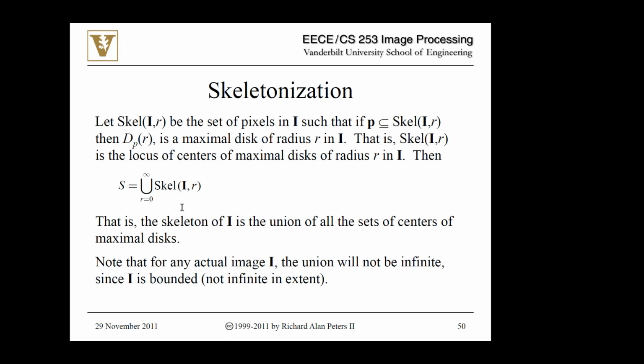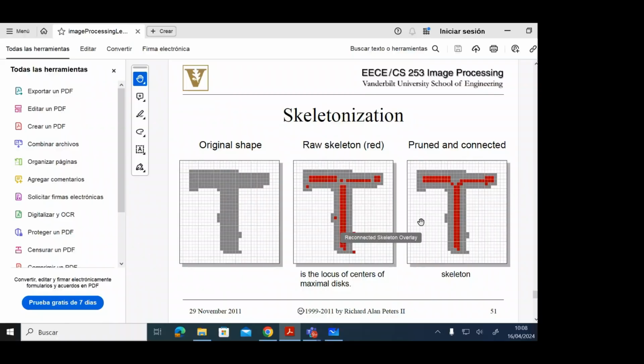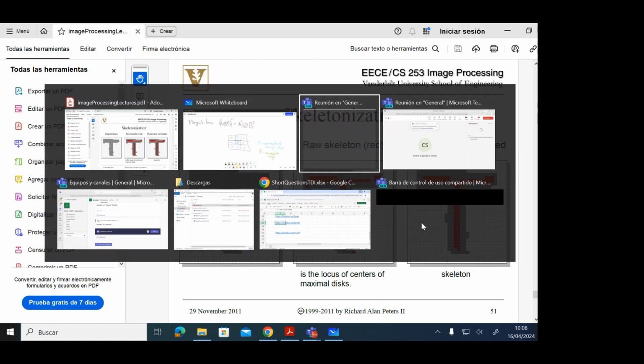Okay, more. So let's say that you want to compute the skeleton of an image. Given this image, you want to compute the skeleton. This is the skeleton that we want to compute.